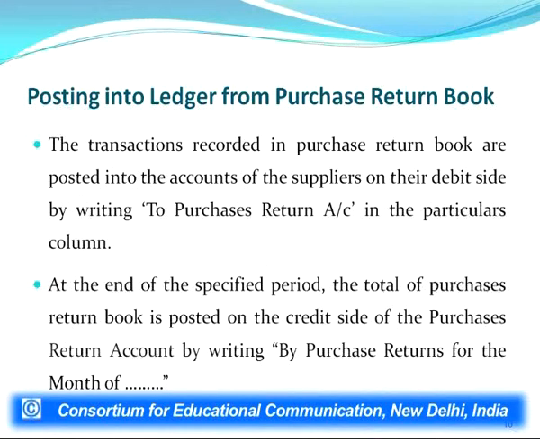When we are returning the goods to the supplier, the supplier is the receiver. So, we have to debit his account, and in the particulars column we record purchase return account, and the respective amount, the date of transaction, and the ledger folio.